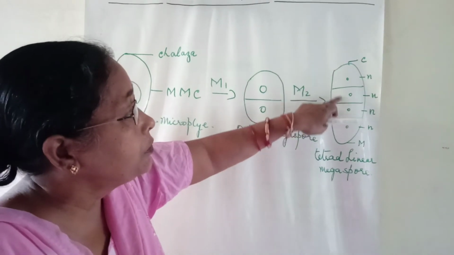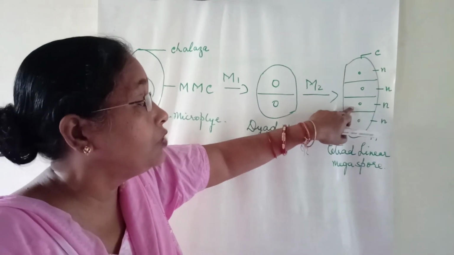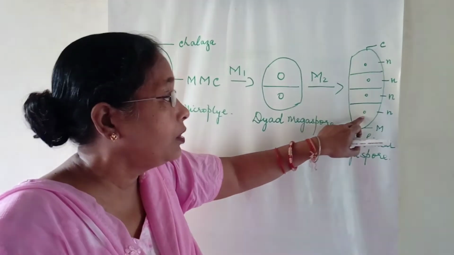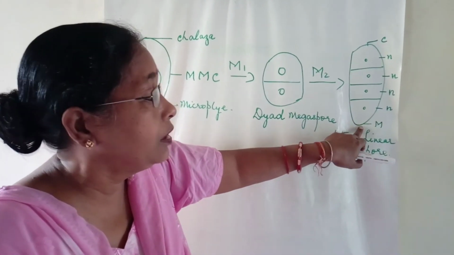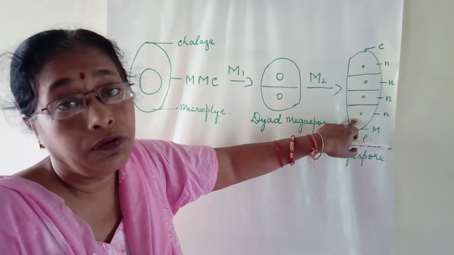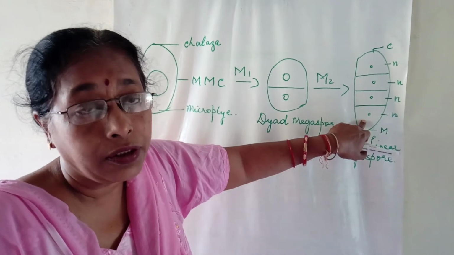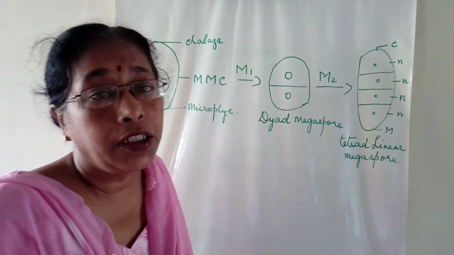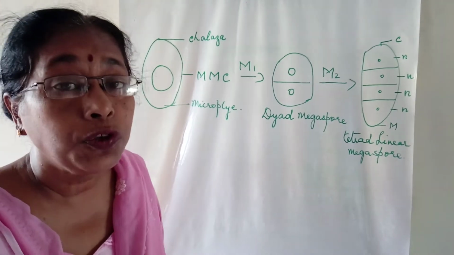The three megaspores formed, which are haploid in nature, will degenerate and only one megaspore will survive. This one at the micropylar end will survive. So this is the first cell of the female gametophyte. The female gametophyte develops from one megaspore, so it is known as monosporic.